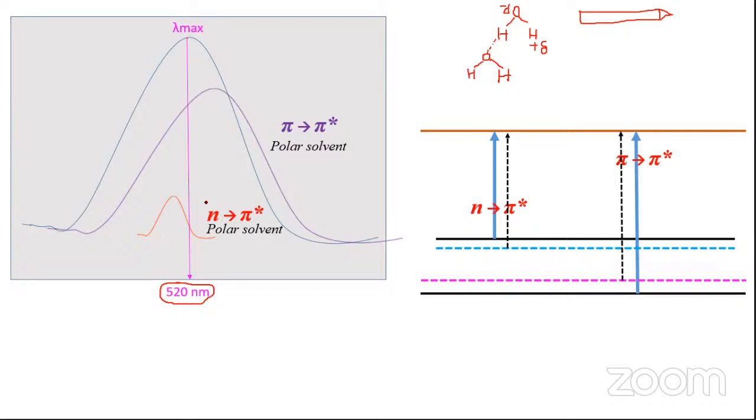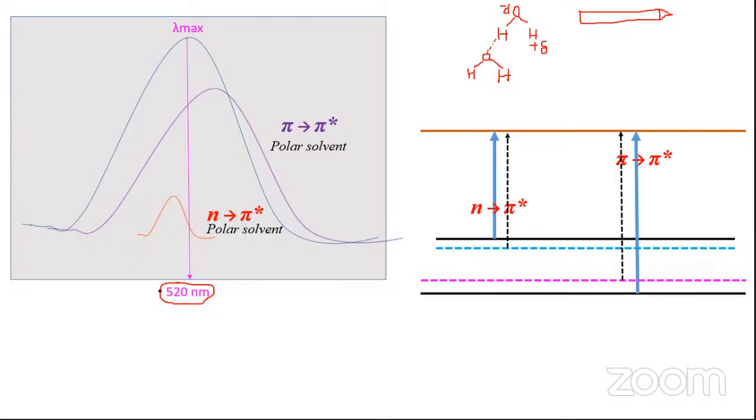So you'll either see already shifted peaks, correct? If your molecule is already in the polar solvent, you will already see the shifted peaks. How will you find out that the original peak was at 520? Is the question clear now?